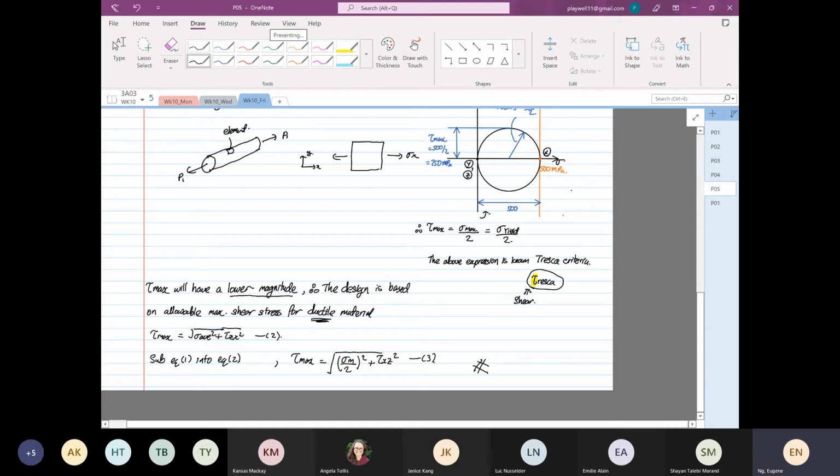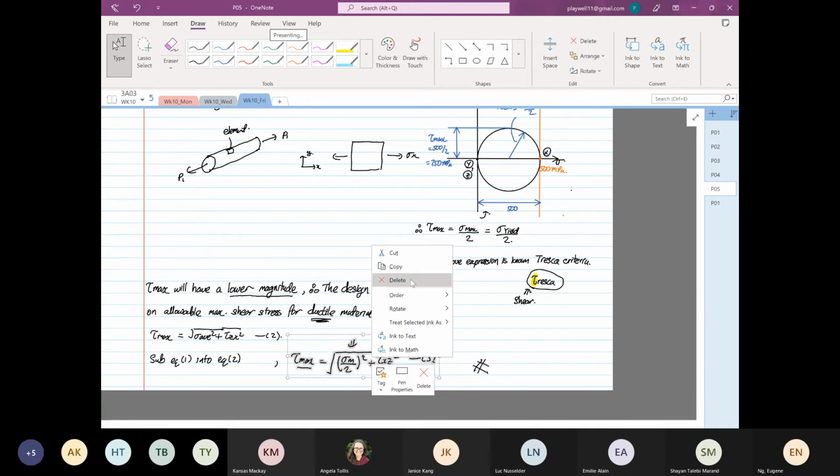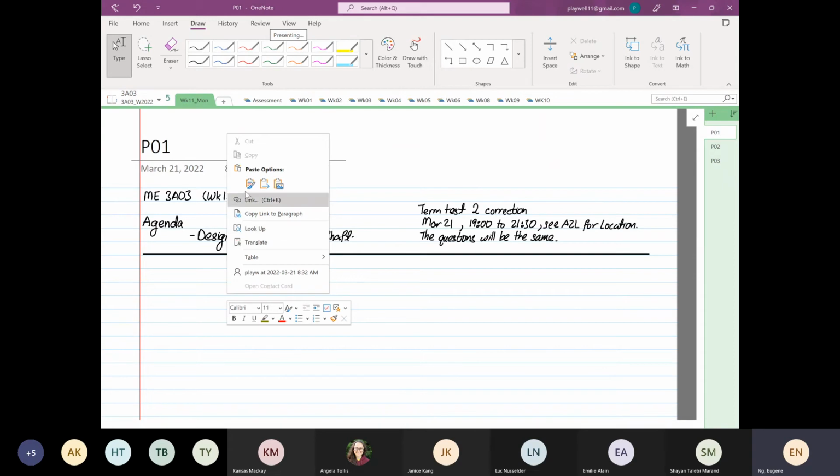Then we were deriving our tau max relationship to our sigma m and sigma shear exact. So I'm going to start from equation number 3. I'm going to take this whole thing and bring it over here.